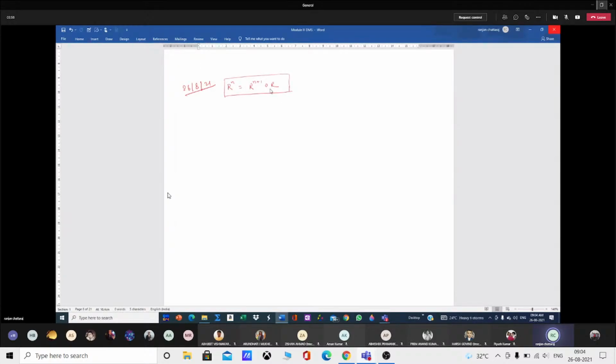Suppose we have to find R square, then we have R composite R, and in matrix notation we write M_R square, which is equal to the Boolean product of M_R and M_R.